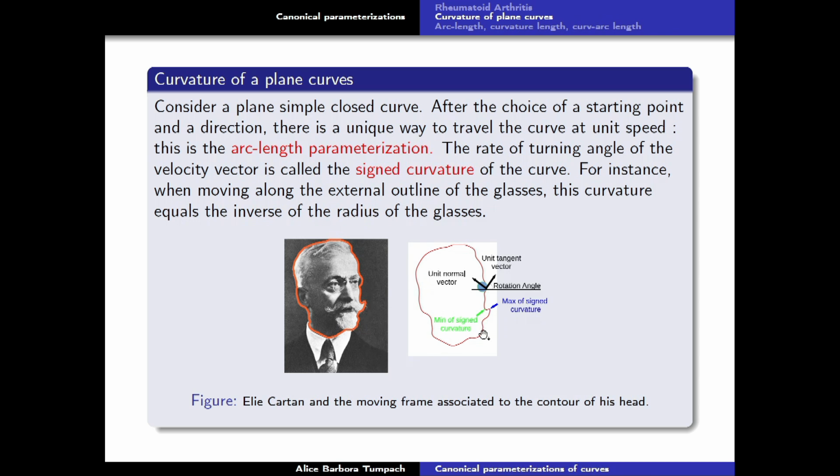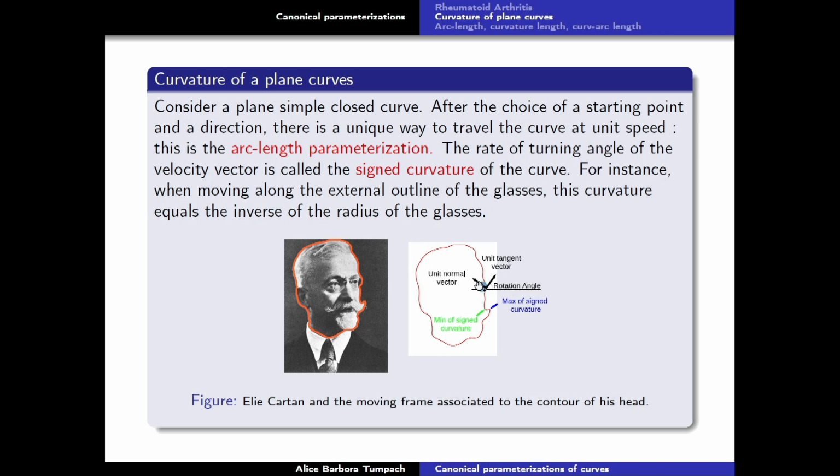In 2D, it has a sign, so you know when you turn left and right, basically. For instance, if you look at the mustache here, there is in blue the maximum of the signed curvature, in green the minimum of the signed curvature.